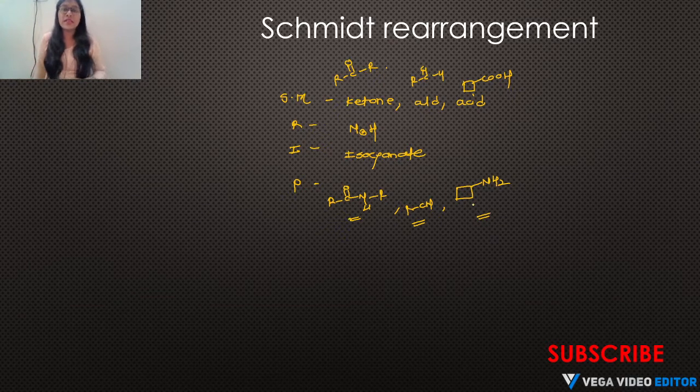Now we can see the mechanism for the Schmidt rearrangement. First we take the acid, in presence of HN3 and H2SO4.